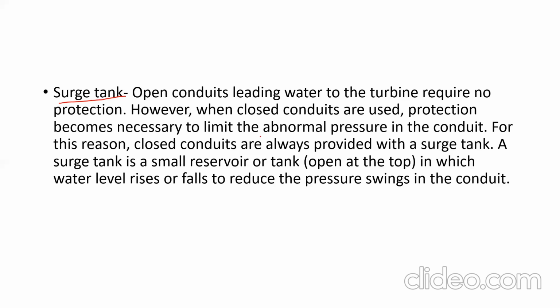That may damage the penstock structure. Even if it is made of steel, it may be damaged. So in such cases, to relieve the penstock from such high pressure conditions, a surge tank is built near the penstock. The extra water will be diverted to the surge tank.